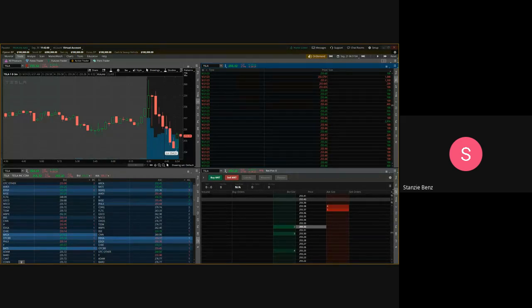In addition, I saw QQQ responding very well to the tape, jumping up. So with those two things together, I decided not to take the risk and exit. From what I remember, it paid off because ES rocketed right after that. We did catch it. I think we switched to NQ right away, and then we caught the move up. So that's a great example of when tape saved my ass.